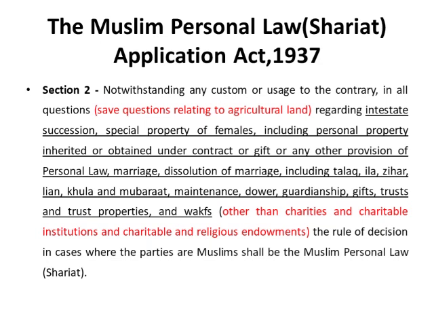Third, marriage, including all incidents of marriage. Fourth, dissolution of marriage, including all kinds of divorce. Fifth, maintenance. Sixth, dower. Seventh, guardianship. Eighth, gift. Ninth, trust and trust properties. And the tenth, waqf.